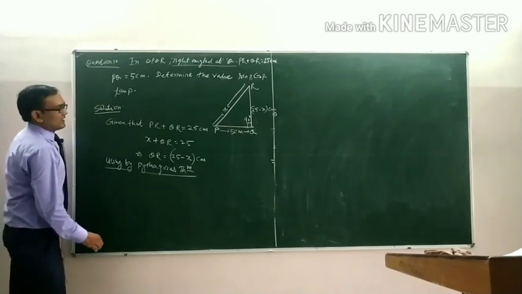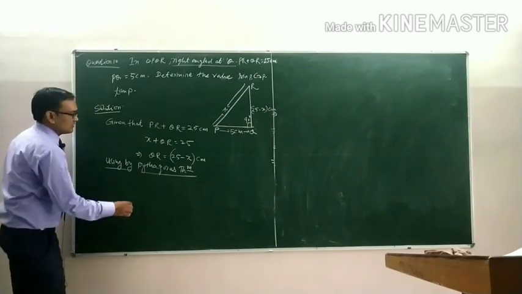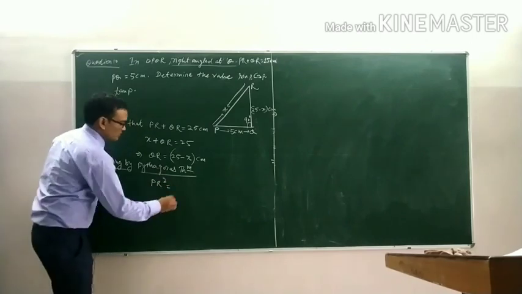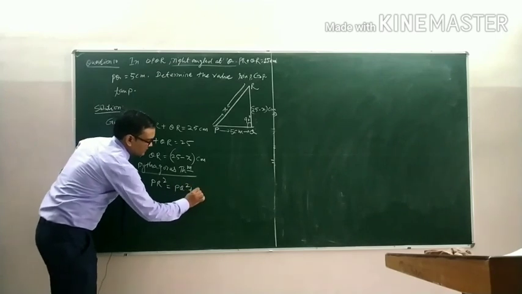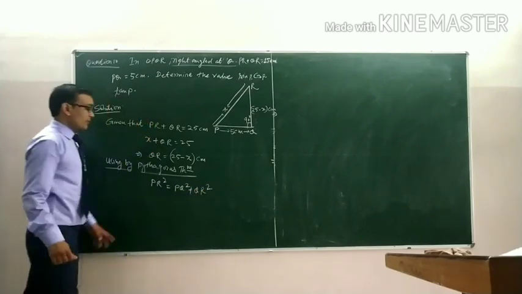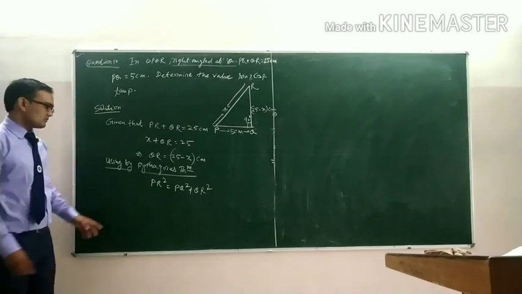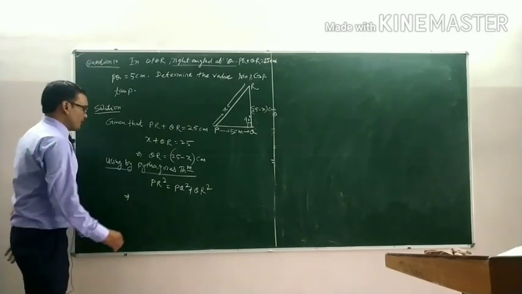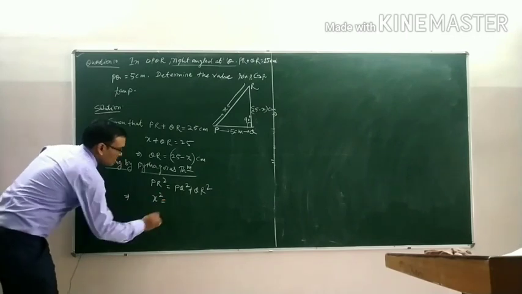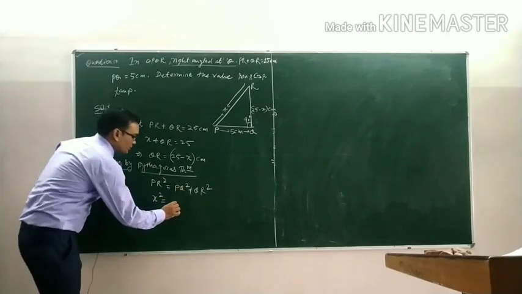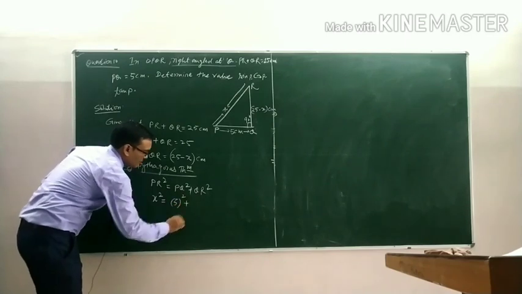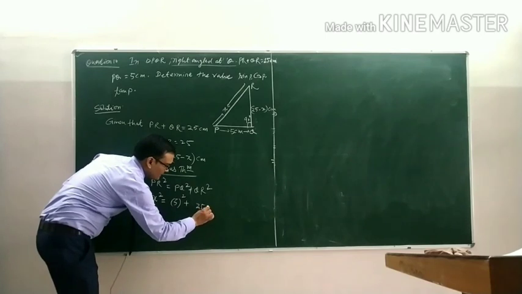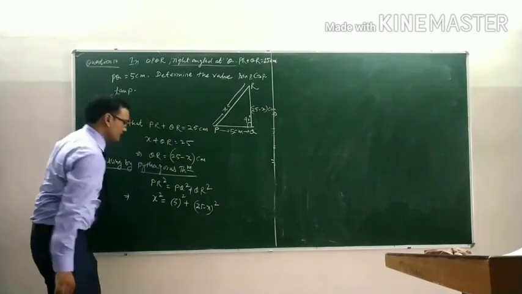In right angle triangle PQR, PR square equal to PQ square plus QR square by Pythagoras theorem. This implies that the value of PR is x square, the value of PQ is 5 square, and the value of QR is 25 minus x whole square.